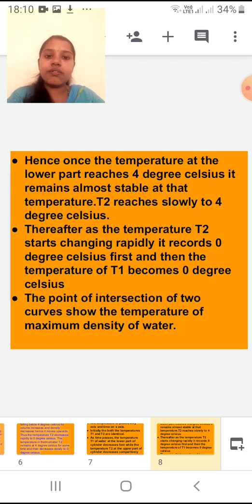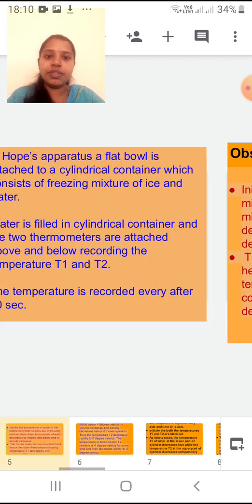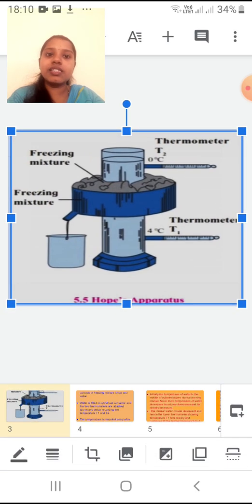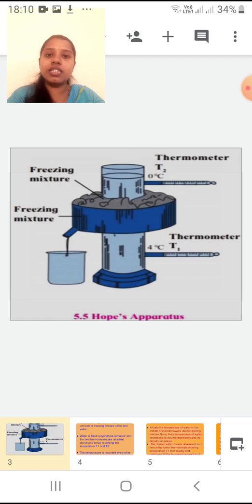Okay. Again, if we go back to our diagram, whatever I said, why 0 degree and 4 degrees Celsius is written there, this is the reason: because the temperature T1 has come to 4 degrees Celsius and temperature T2 is reaching 0 degrees Celsius.